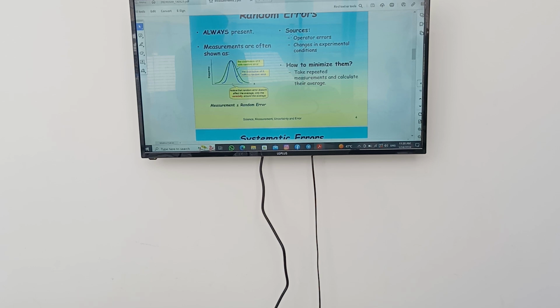Now, we have the sources. You can have operator errors and changes in experimental conditions. Operator errors means with the human itself. When they make an experiment, they might have an accident, some faulty measurements, something wrong with the equipment. It has a lot to do with the experimenter himself or herself.